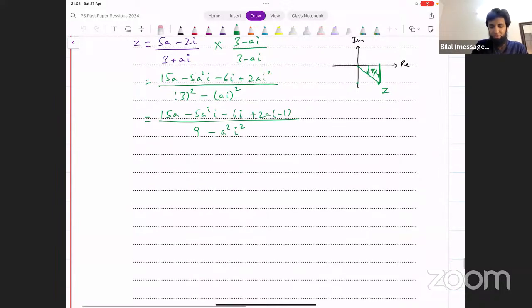Let's simplify this further. In the numerator, we get 13a minus 5a squared into iota, or we can write the iota terms together as well now. It's minus (5a squared plus 6) into iota, divided by 9 minus a squared into minus 1.